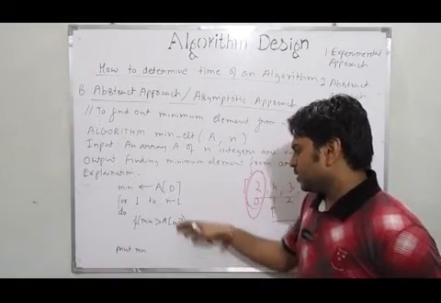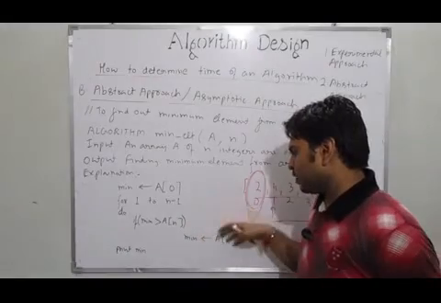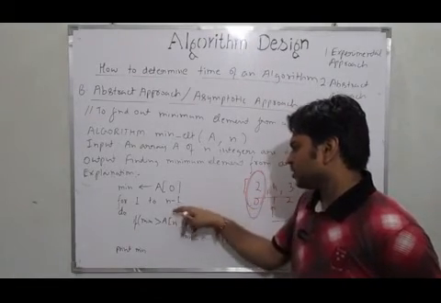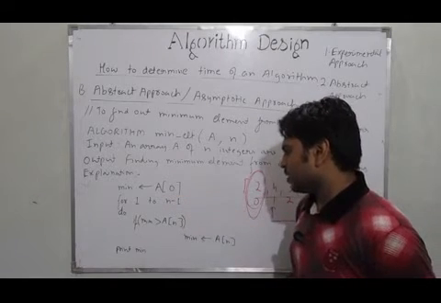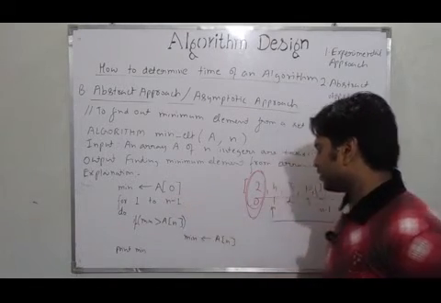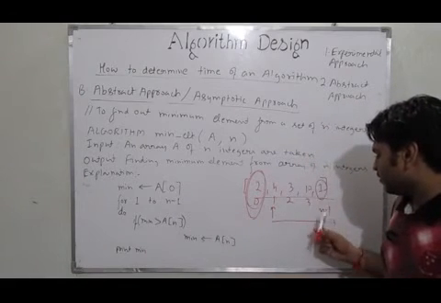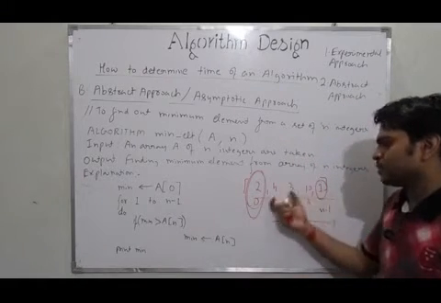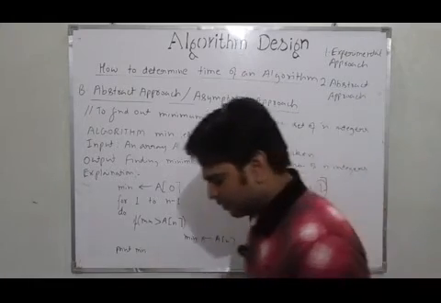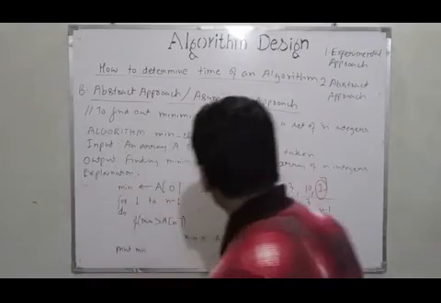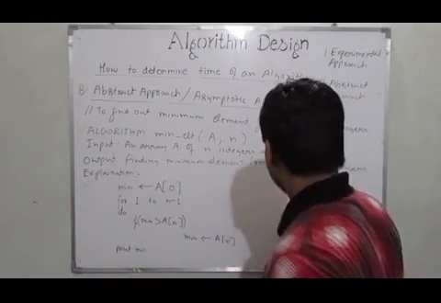If we keep moving with this approach till the n minus 1 element, we obtain the minimum element from this given array of n integers. So how can we find the time complexity of this pseudocode? Let us check that.